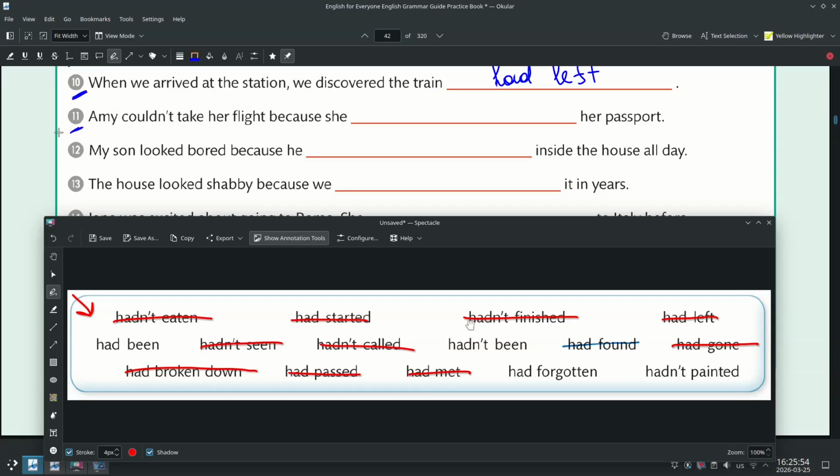Number 11. Amy couldn't take her flight because she had forgotten her passport. Number 12. My son looked bored because he inside the house all day. He had been inside the house all day.